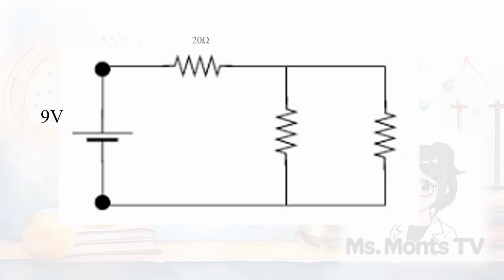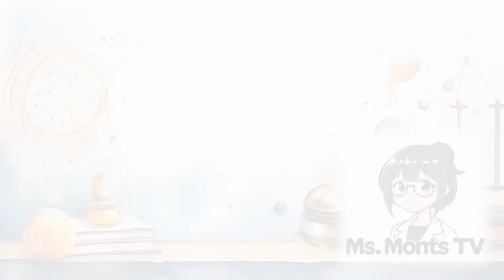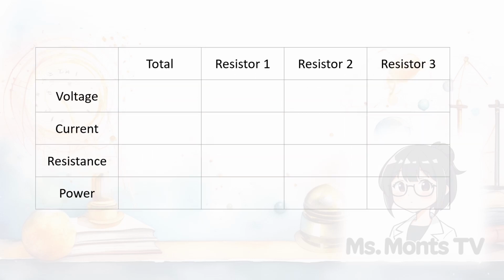Okay, so we have the total voltage, R1, R2, R3, and we're looking for the total resistance, total current, voltage in each resistor, current in each resistor, total power, and power in each resistor. So those are the things that we're looking for.